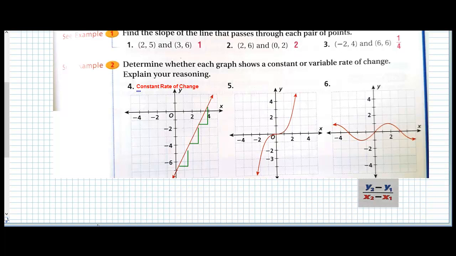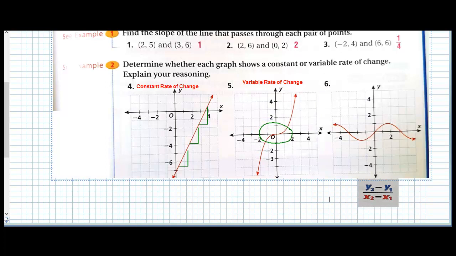So the slope in this part is 0. And the slope here is positive and the slope here is positive, but in this part it's 0. So I have a change here. I have a variable rate of change. Here is different from here, so 5 is a variable rate of change.